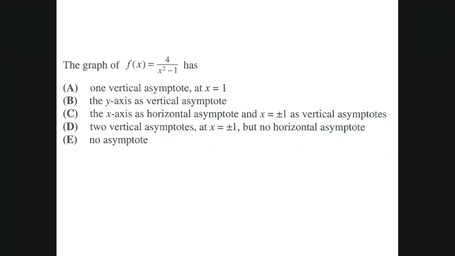Okay, so here's a problem. It says the graph of f of x equals 4 over x squared minus 1 has. I want you guys to do this problem. One vertical asymptote. The y-axis is the vertical asymptote. The x-axis is blah blah blah. What's the answer to that problem?